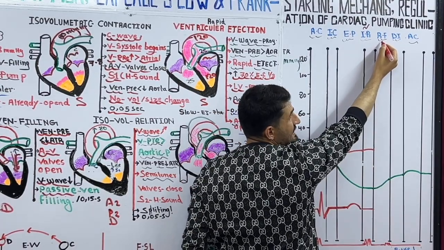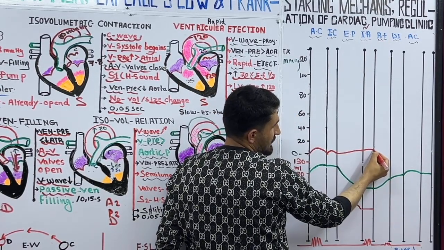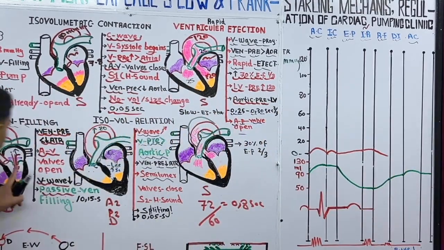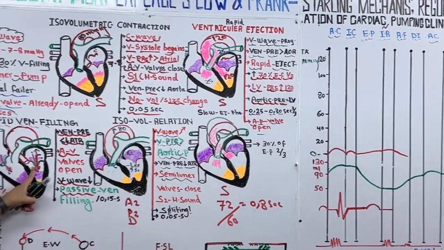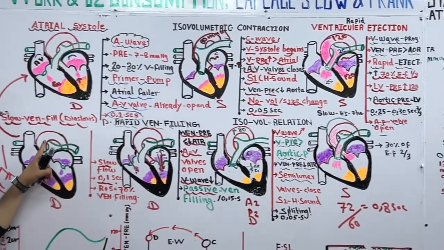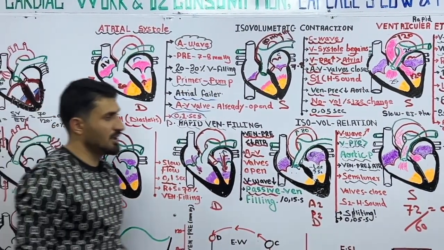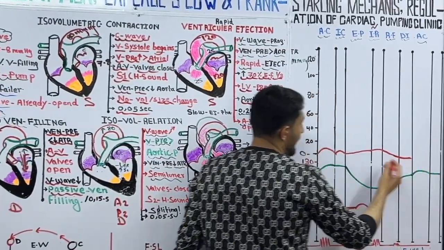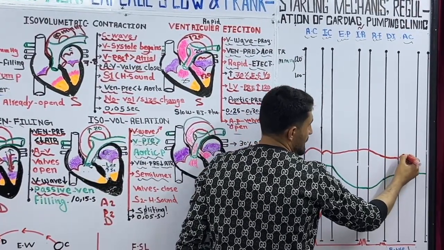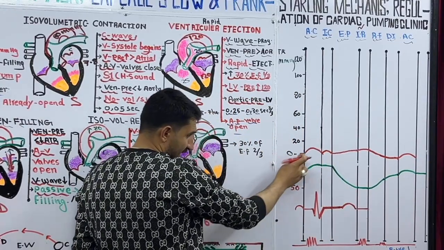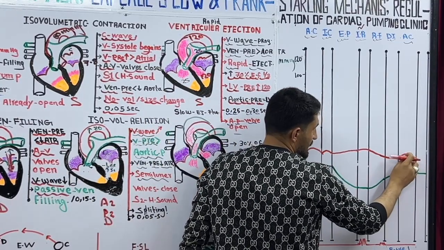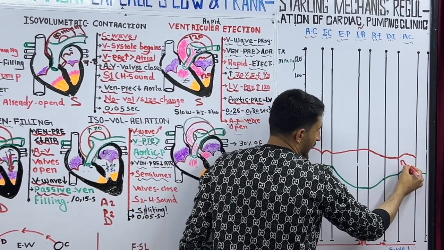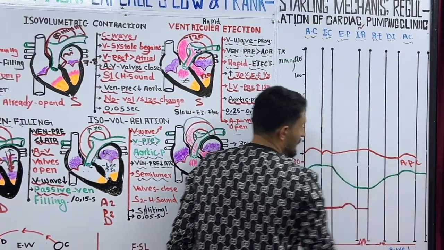And in the rapid filling phase, pressure drops. Here pressure drops, the V wave drops. Got it? In the rapid ventricular filling phase, and also in the slow ventricular filling phase, the pressure drops. And again when the atria contract, it produces a pressure. So this red curve is called the atrial pressure curve.